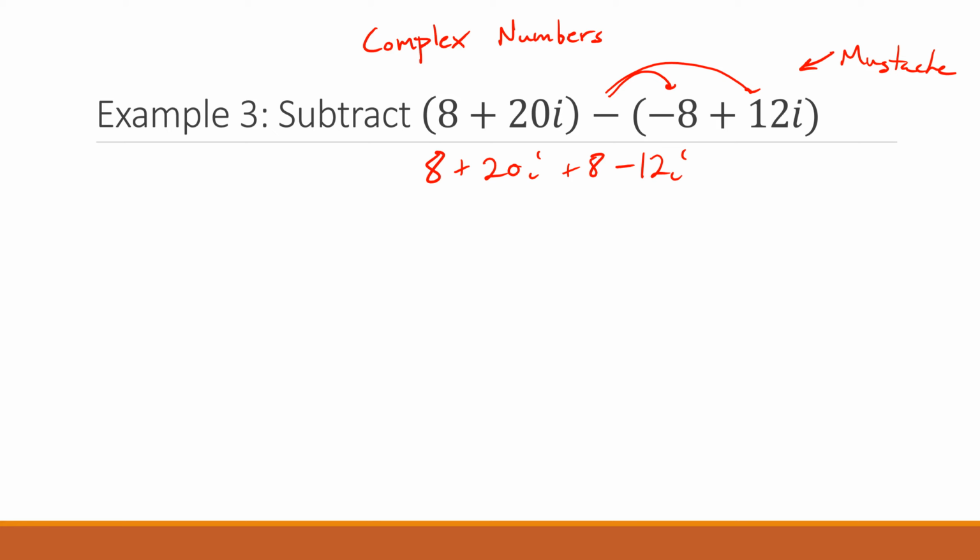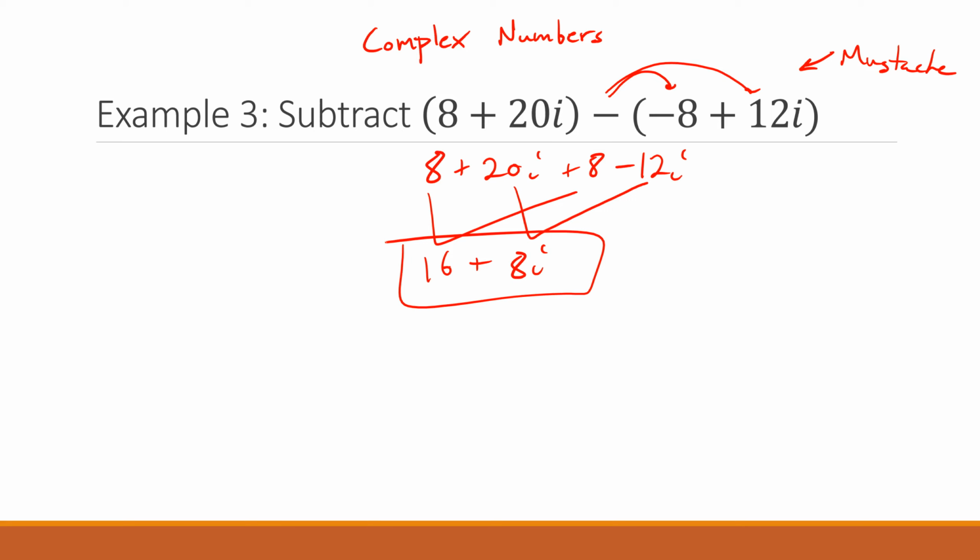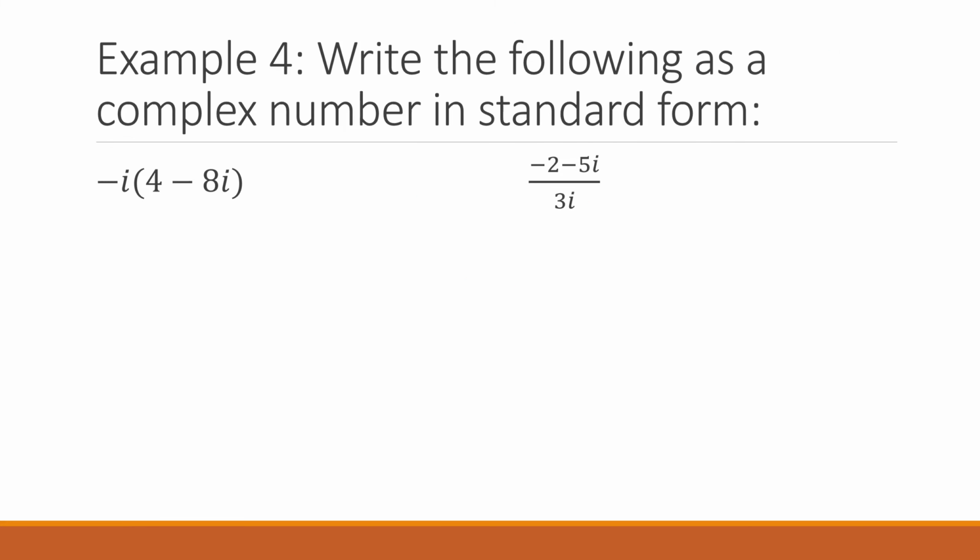And at this point, I can just combine like terms, just as if I was a variable. 20i minus 12i is 8i. 8 plus 8 is 16, and so my combined complex number, simplified, is 16 plus 8i. This is still complex because there's a real part and there's an imaginary part, but it's in standard form because there's just one of each.